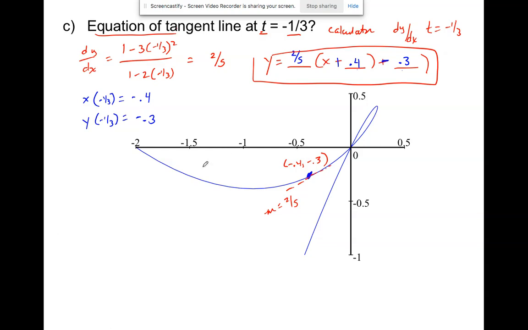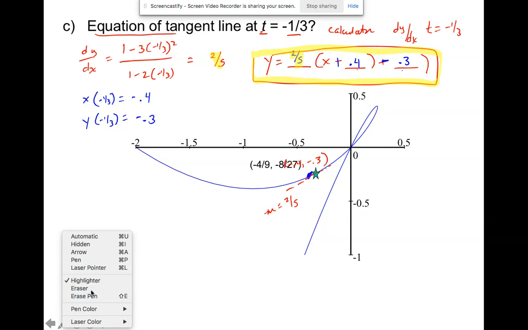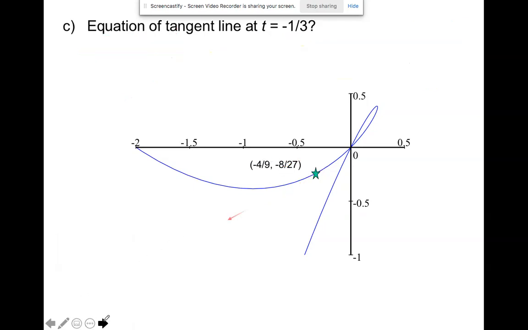So on a calculator active piece of the rubric here, they would expect, did you get 2/5? There would probably be one rubric point for that and one rubric point for the entire equation. So probably 2 points max for that, since you have your calculator. Don't do too much work when you don't have to. Forgot to put that in. And again, I did some work by hand, and I got these values.